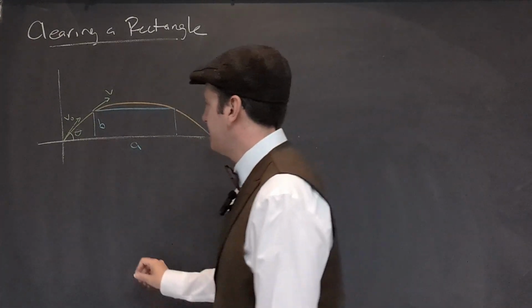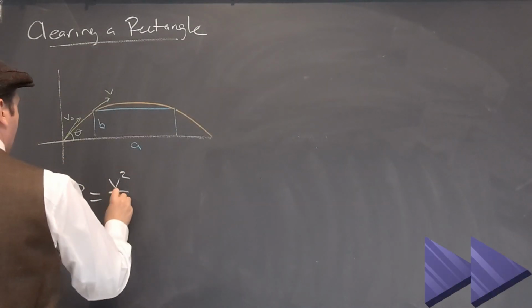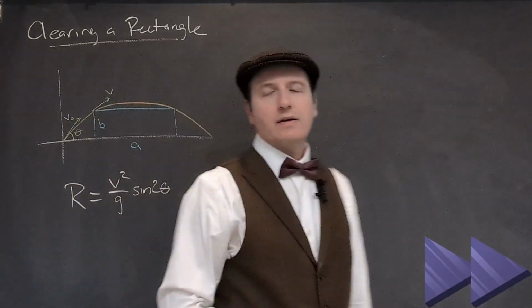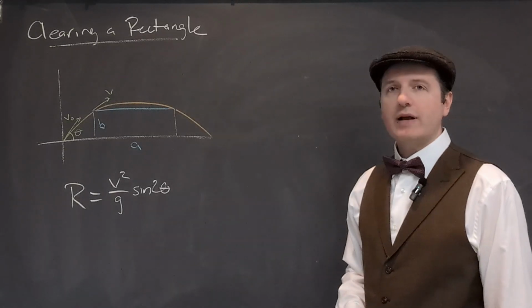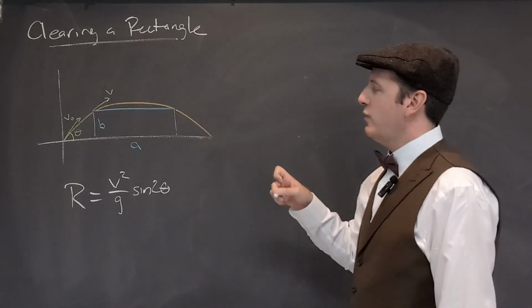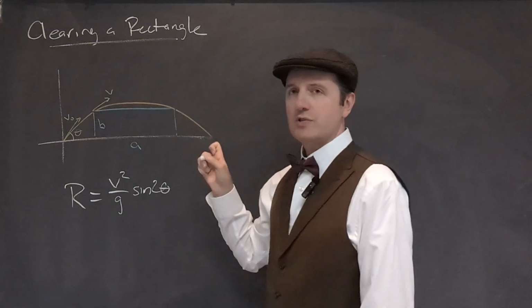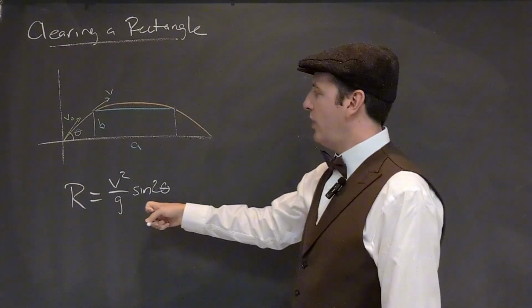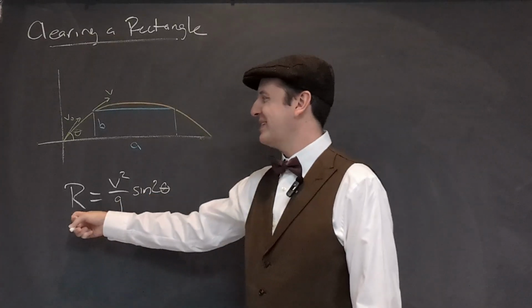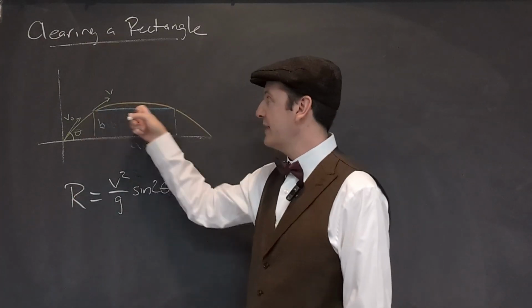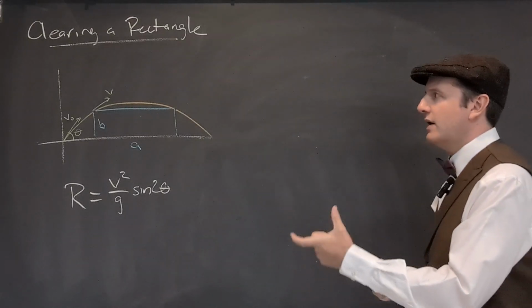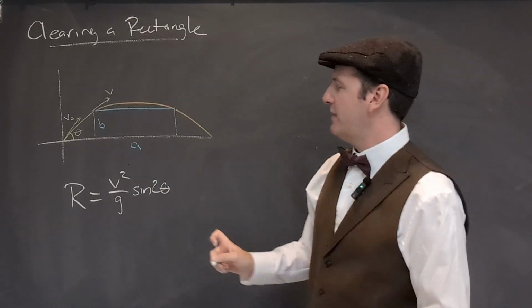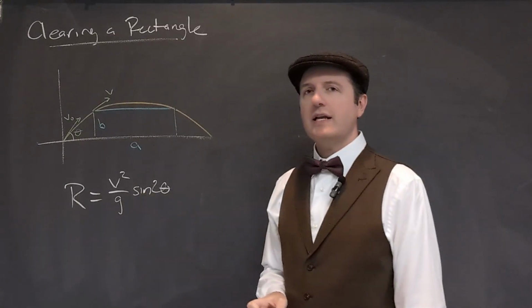As a reminder, here is our equation for calculating the range of a projectile. If I want this to be minimal speed, then I want v to be as small as possible, but still give us the same range, and the range here, of course, is just a, the width of this rectangle. Well, the minimal speed to do that will be when sine of 2 theta is maximum.